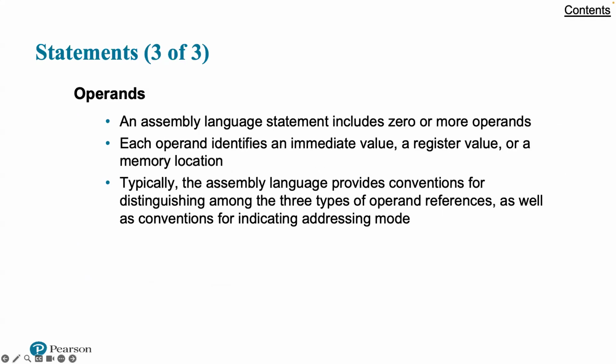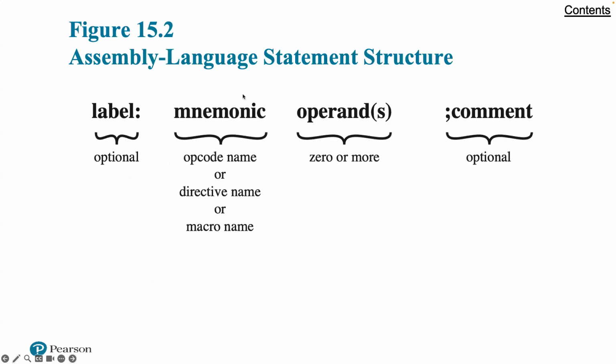The operands are where you have the registers or some other value that's associated with what you're trying to explore. Does that make sense? So we're just trying to expand and think about each one of these areas in a general assembly language statement, and what the structure is.